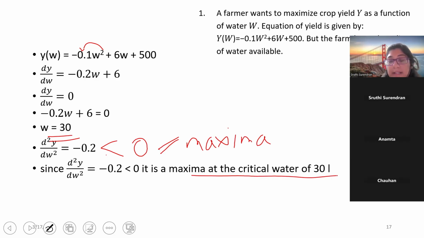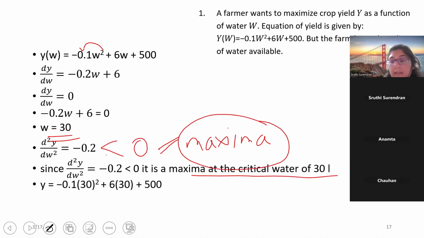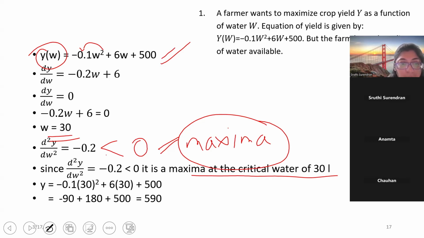So we found this critical value is 30, and we know that at the water supply of 30 liters, we are going to get a maximum for this function. So that is what we want. We want to maximize the yield. So we will substitute this 30 in this equation over here, and when you solve this equation, you will get 590 as the answer.